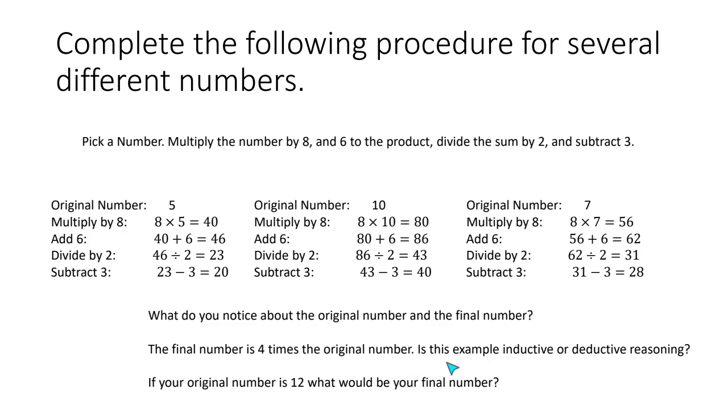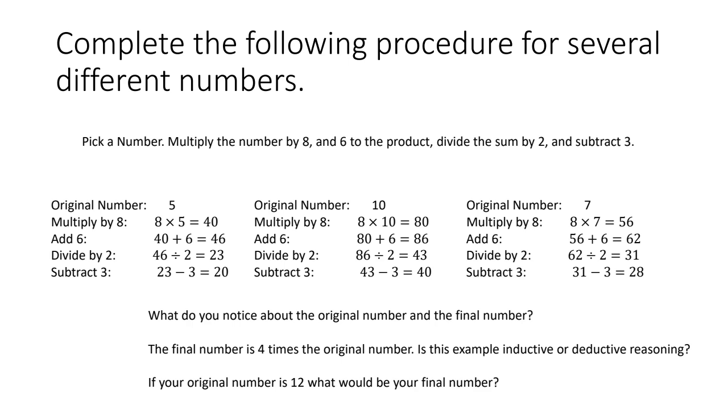Is this an example of inductive or deductive reasoning? And so this would be inductive because we're going from specific to general. So I could say if you follow this procedure with any number, then it's always going to be 4 times your original number. So if your original number is 12, what would be your final number?